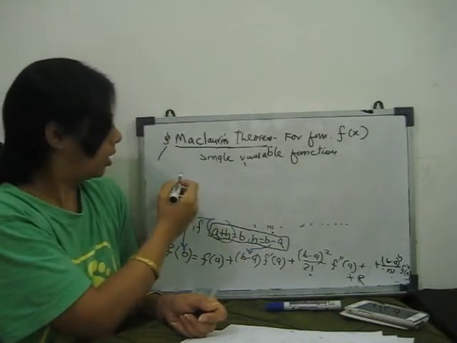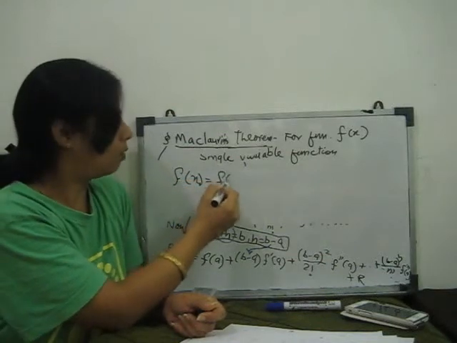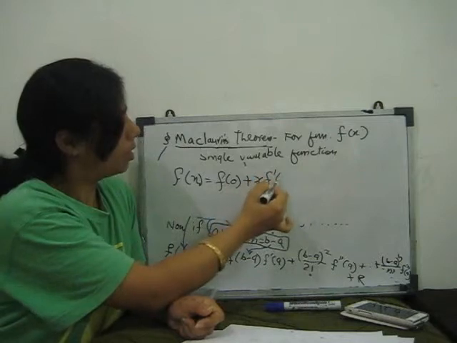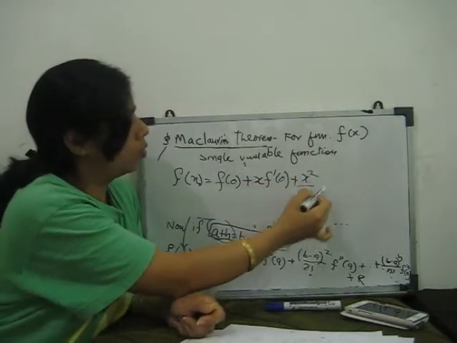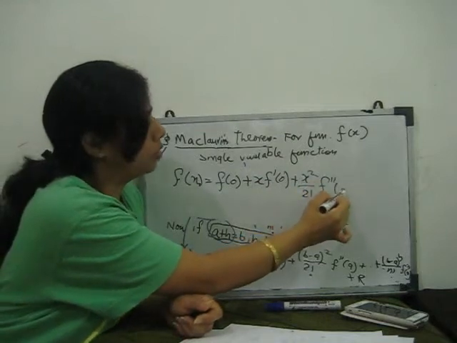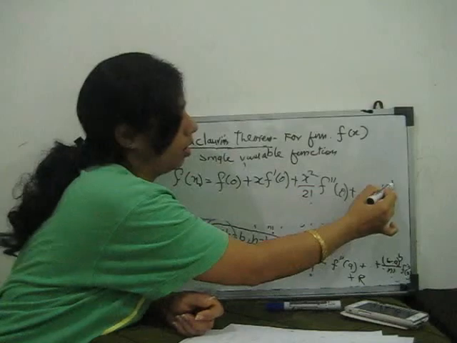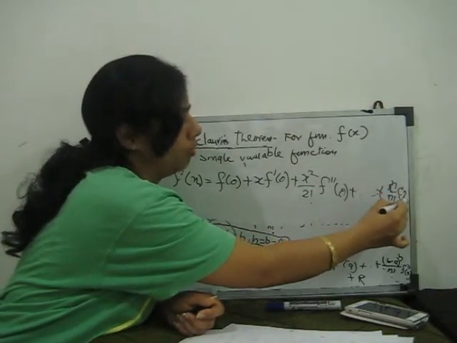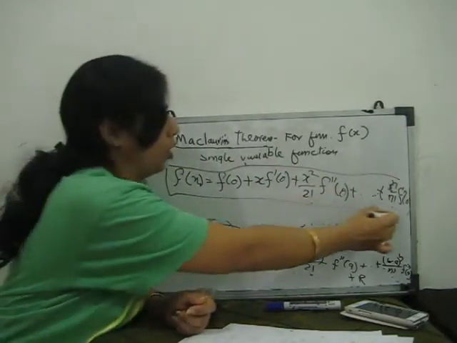So Maclaurin is: f(x) equals f of 0 plus x f dash of 0 plus x square upon factorial 2 f double dash of 0 plus, and so on, x to the n upon factorial n f to the n of 0. This series is called Maclaurin.